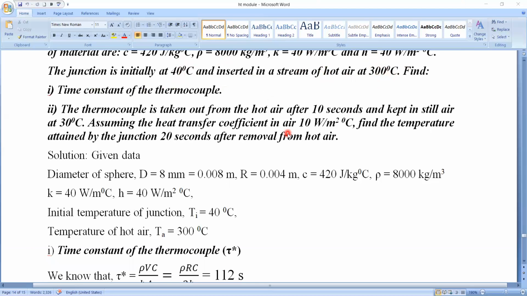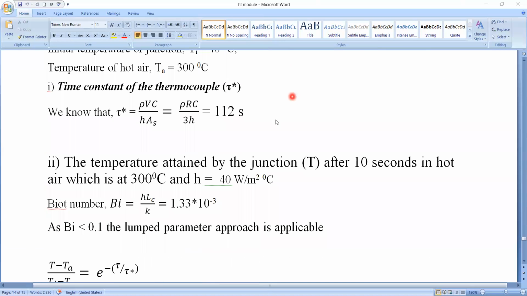Let us focus on the first bit, which is very easy: how to find out the time constant of the thermocouple. The thermal time constant of the thermocouple, tau star, is given by rho Vc divided by HAs.